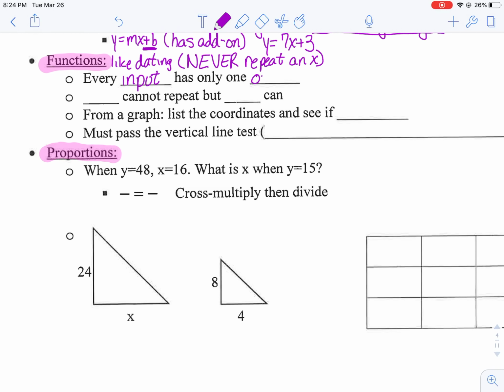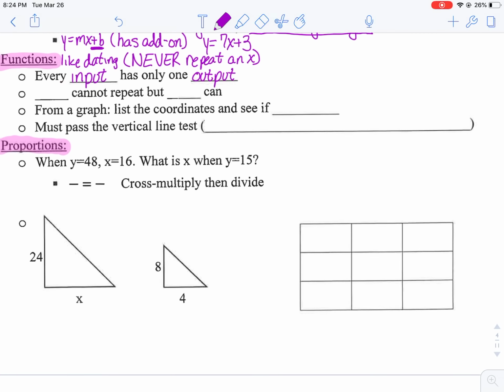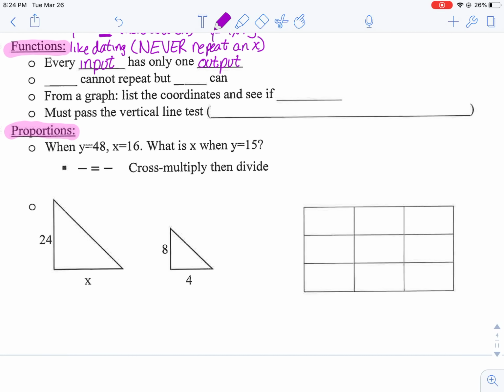Every input has only one output. So an example of a function: 1, 2, 4, 7, 5, 8. My x numbers, 1, 4, and 5, are not repeating.